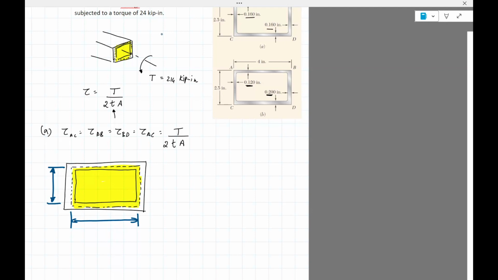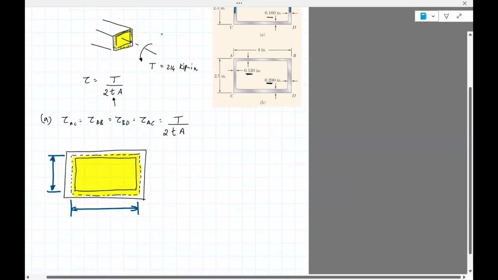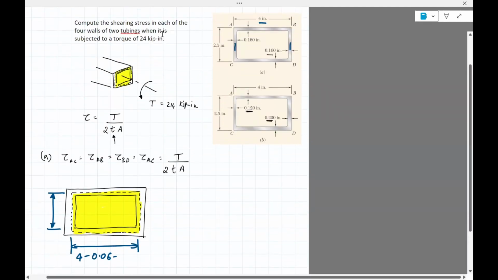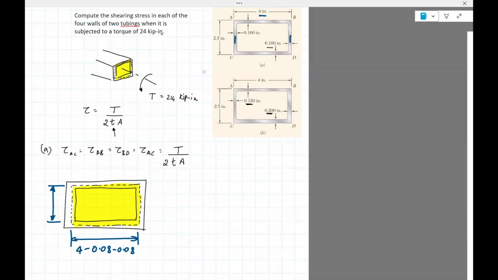So for the bottom one, we have 4 inches, and then I need to subtract out half of 0.16 on the left side and half of 0.16 on the right side. So this is 4 minus 0.08 minus 0.08. This is to account for half of the left side, half of the right side.